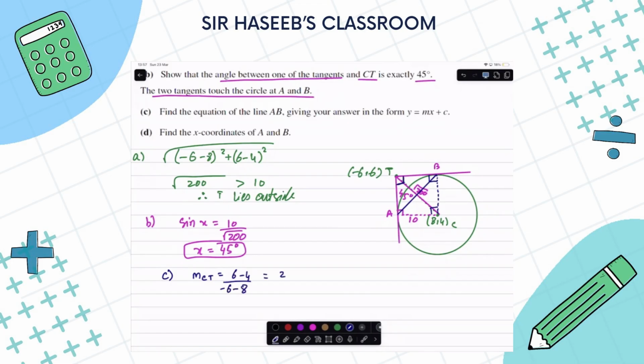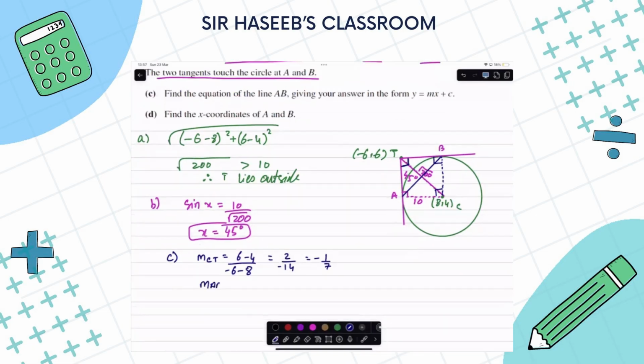That's 2 over negative 14, which is minus 1 over 7, right? And then, in order to get the gradient of AB, that would be basically the negative reciprocal, which is 7. Get it?